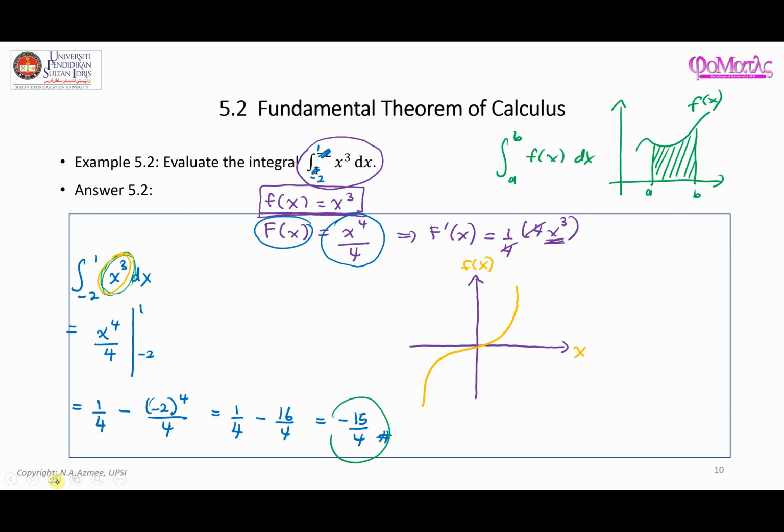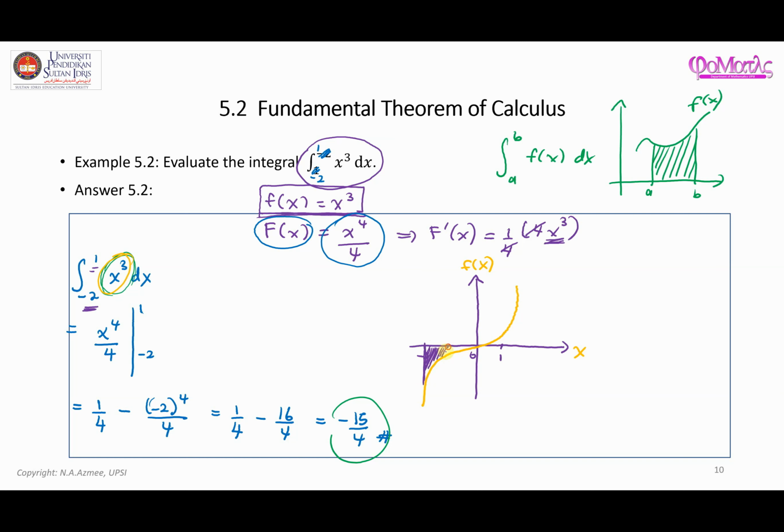Okay, so the points that we are talking about are from points negative 2 until 1. So this could have been negative 2, this could have been 1. So when you talk about point negative 2 until 0, the area under the curve represents this area.